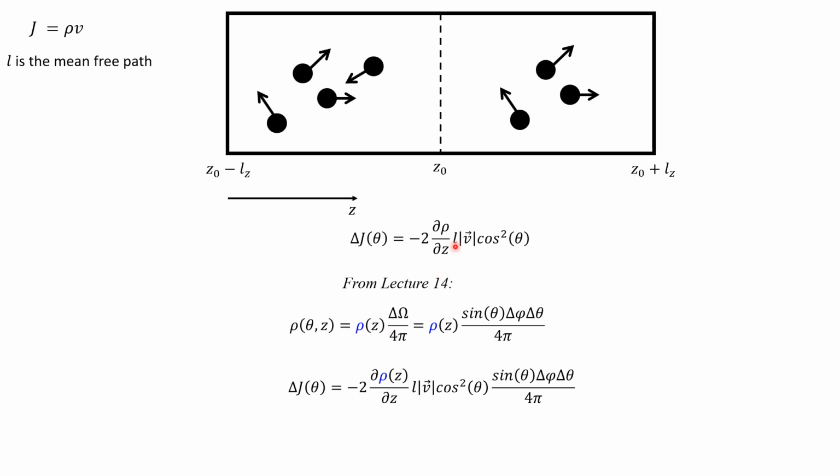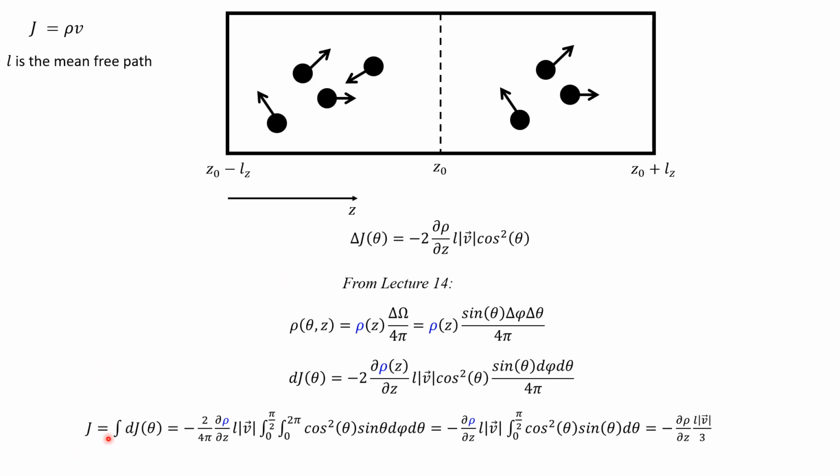When we use this expression and take the derivative with respect to z, since only this term depends on z, this derivative is reduced to the derivative of this term times this term, which is shown here.